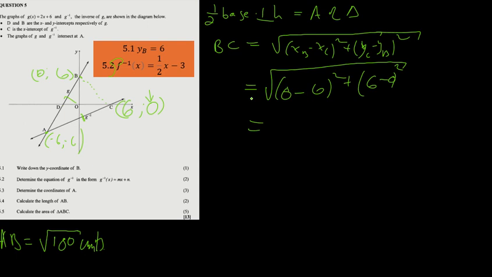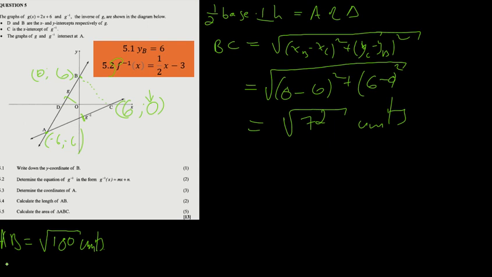Let me check on my calculator. Units, don't forget to write down the units. Let's double check: 36 times 2, that is 72 units.